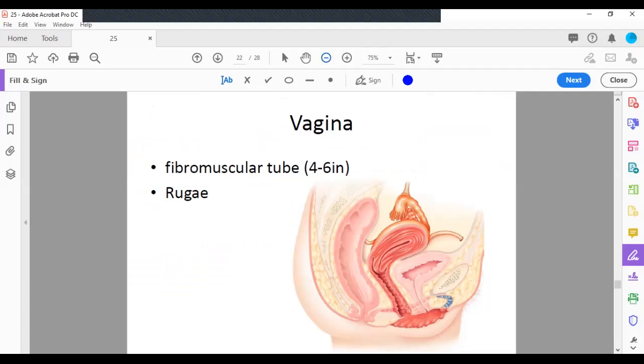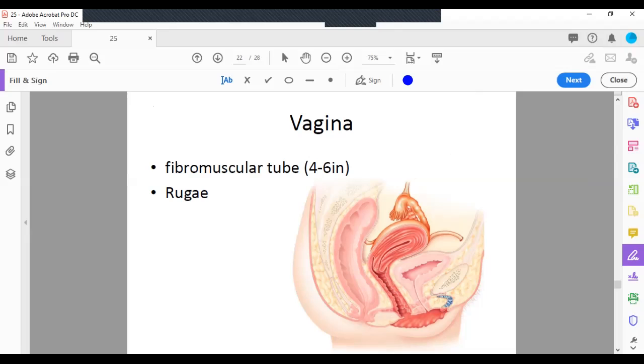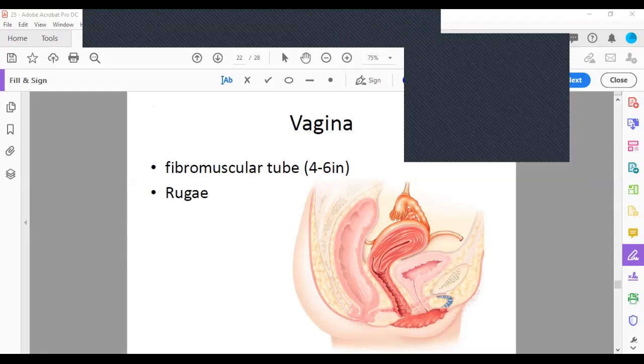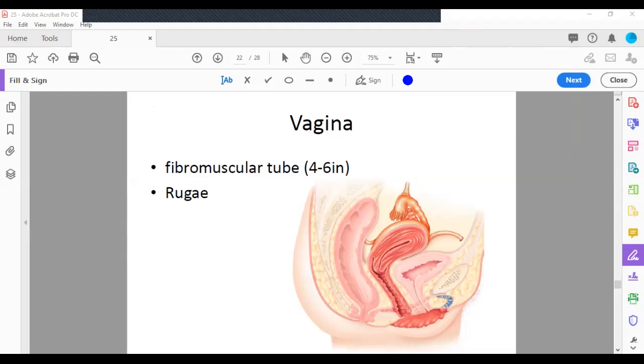All right, moving on to the vagina. The vagina is a fibromuscular tube of anywhere between 4 to 6 inches in length. The vagina is often referred to as the birth canal.